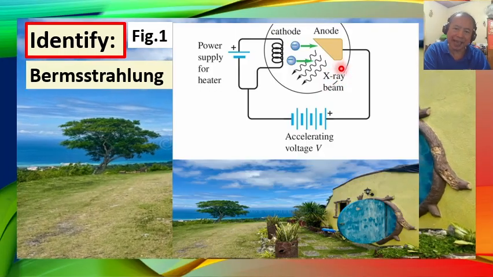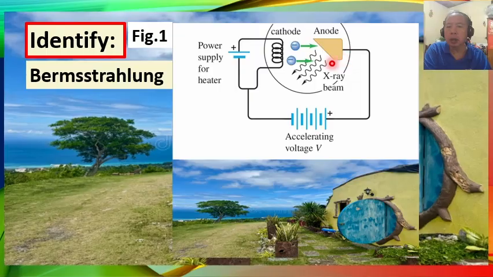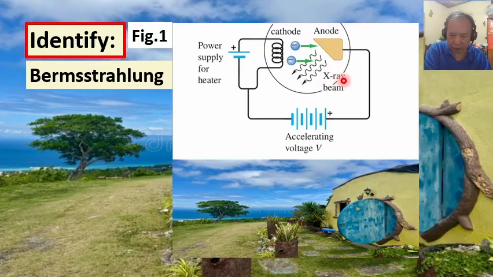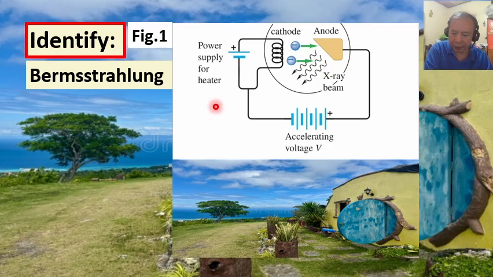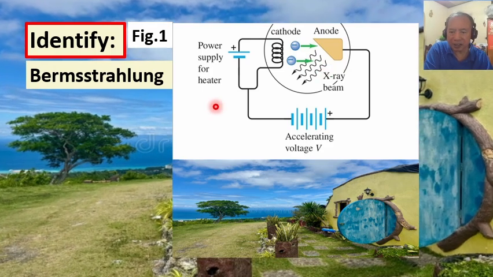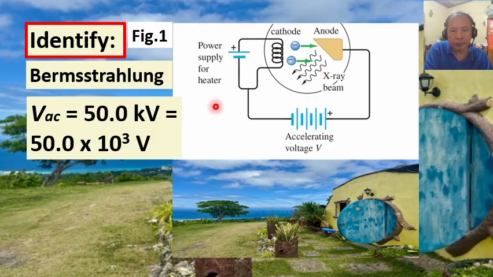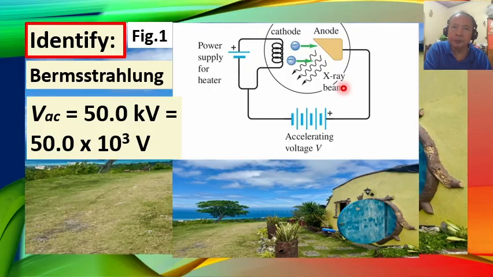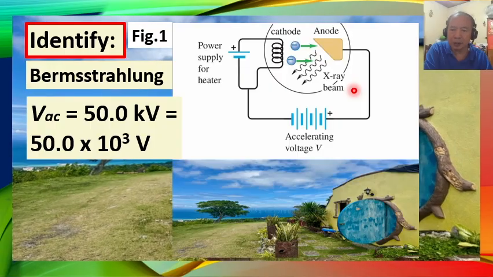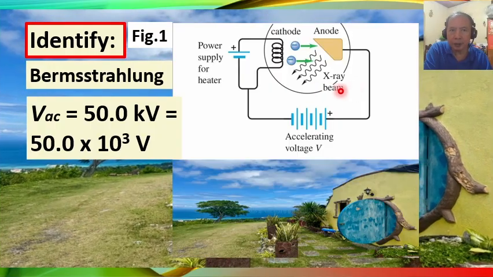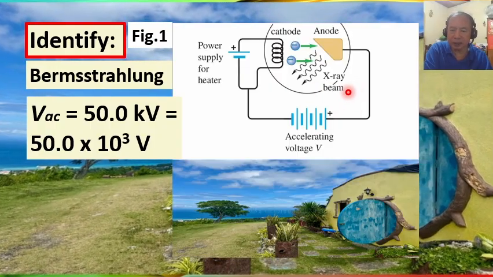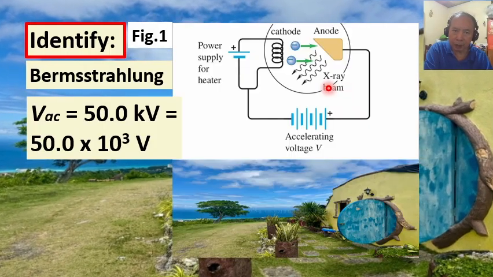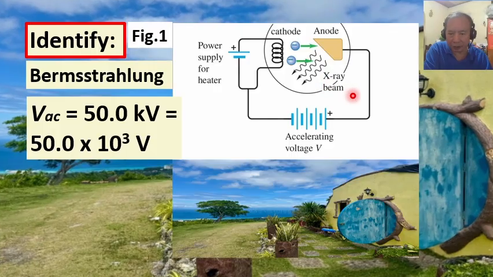So in other words, the anode will be emitting photon energy. And in the process, this photon energy has a very high frequency, but a very small wavelength.